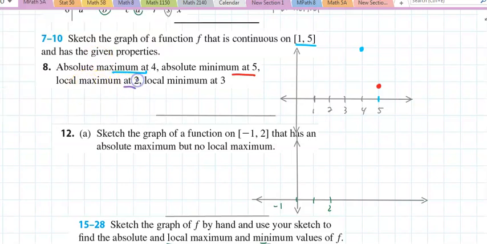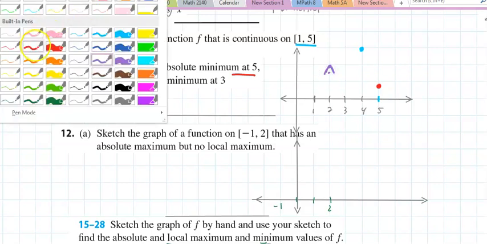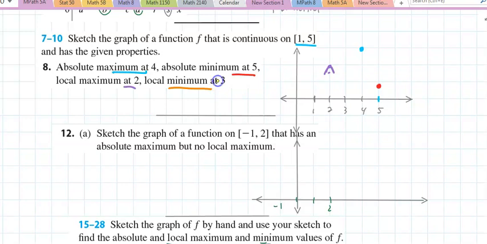A local maximum at 2. At 2, I want a local maximum. Well, a local maximum looks something like this. So if I put it there, that's what a local maximum looks like. And I would like a local minimum at 3. At 3, I want to make sure that I don't go below that. And that's what a minimum looks like.